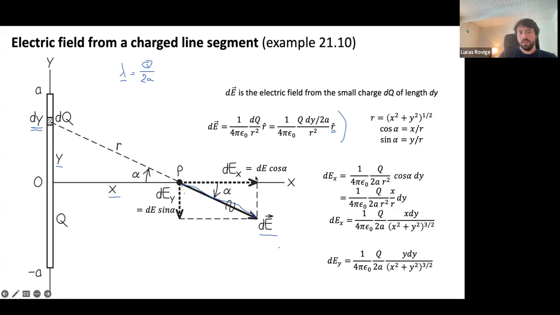Using this drawing, we can see that the small element along x is just dE multiplied by cosine alpha, alpha being this angle that we retrieve also here. And similarly for Ey, dEy is just the total dE multiplied by the sine of alpha.